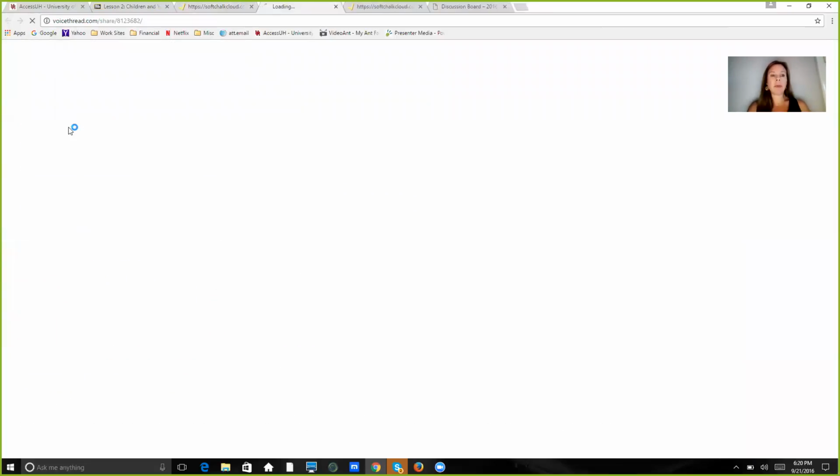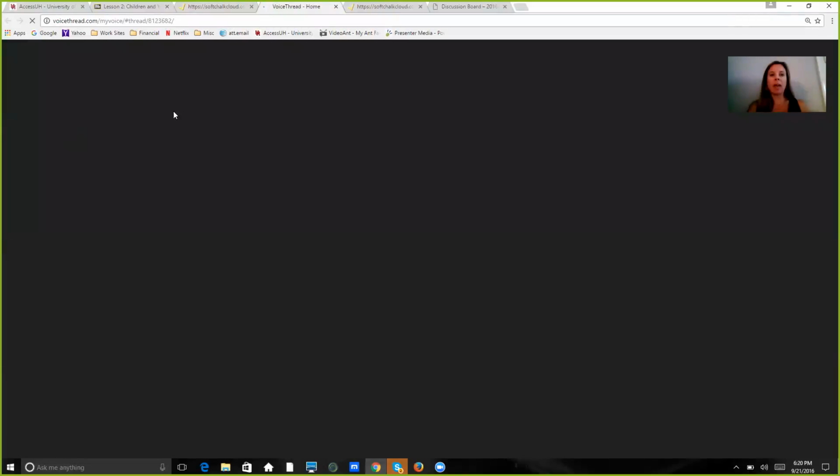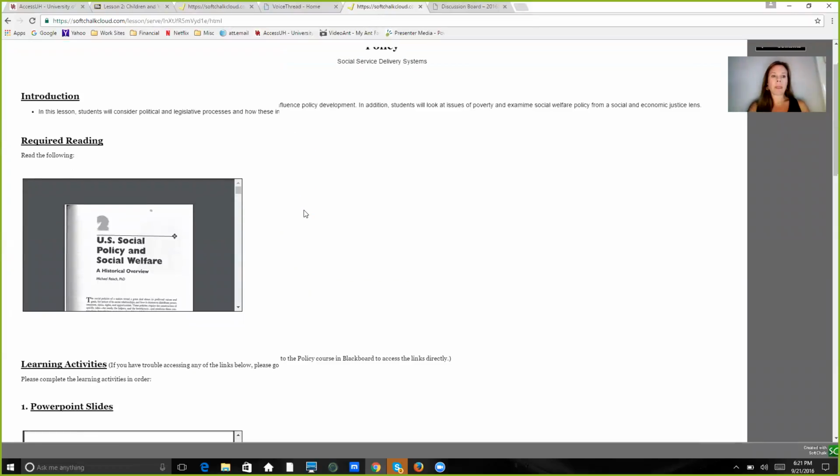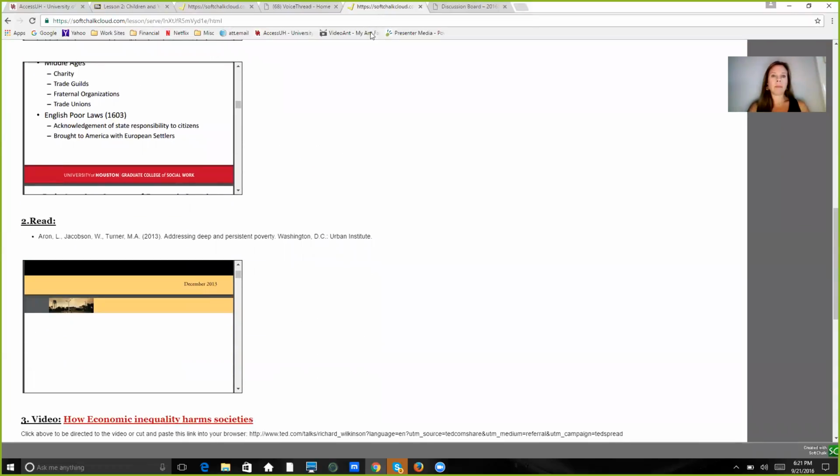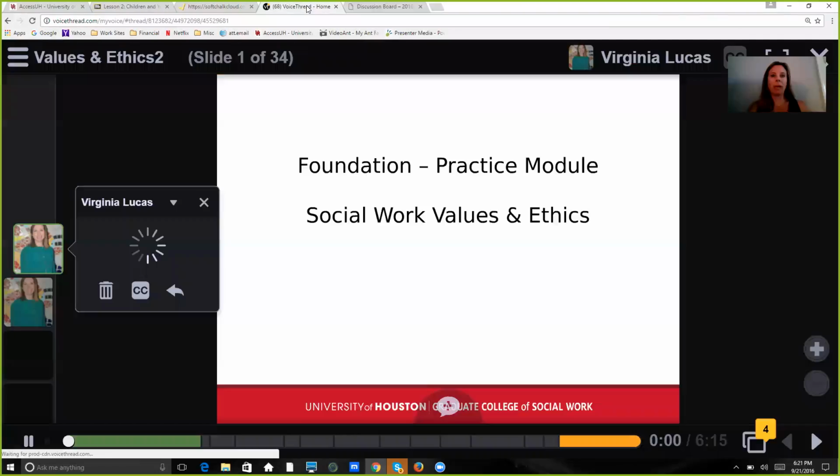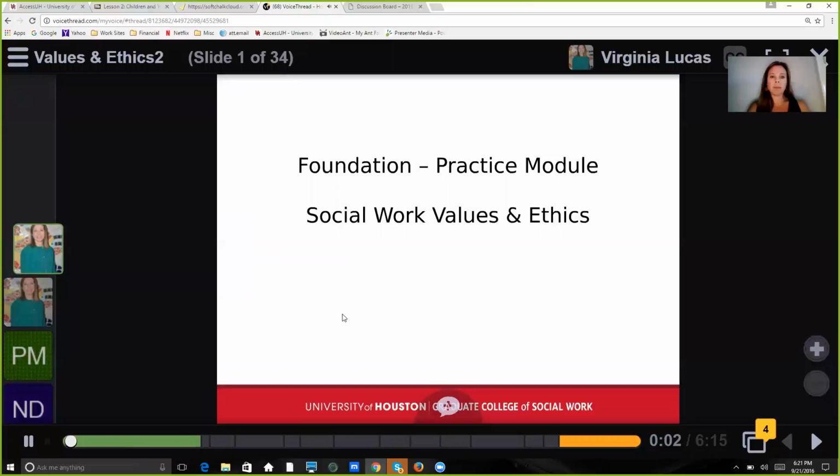And then for this one, instead of just reading PowerPoints, they have a VoiceThread, which is the PowerPoint with the activity kind of embedded into it, where they get to answer the VoiceThread on the screen. We're going to talk about social work values and ethics. Both of these things are definitely intertwined.